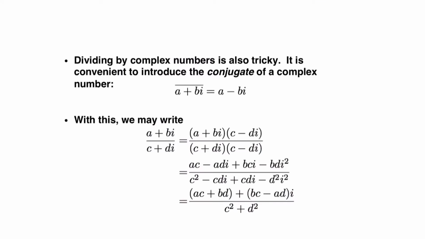In order to divide by complex numbers, it's important to consider a special notion that exists for complex numbers but not for real numbers, which is something called the conjugate or the complex conjugate. What I do to compute this is I take a plus bi, which is a general complex number, and I switch the sign of the imaginary part.